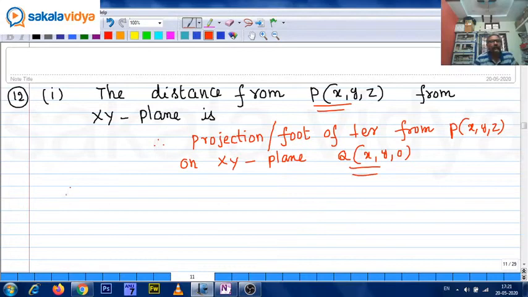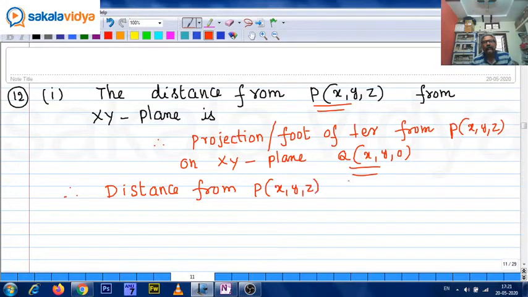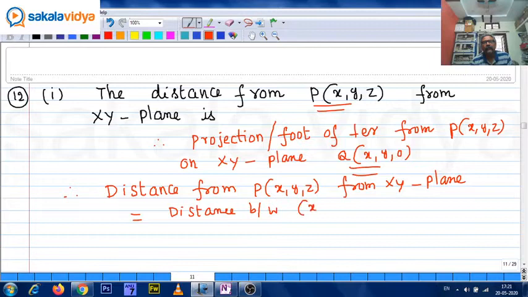So therefore, the distance from P(x, y, z) to the xy plane is equal to the distance between (x, y, z) and (x, y, 0).